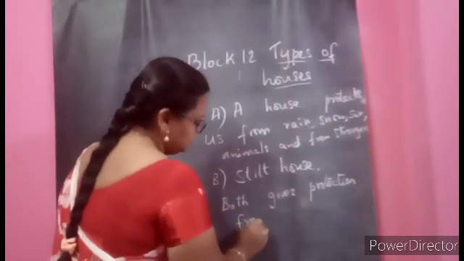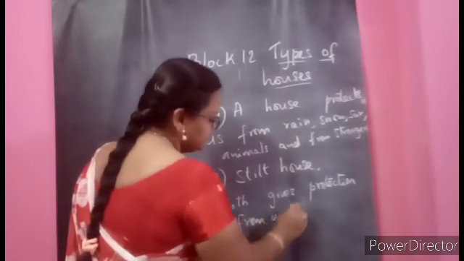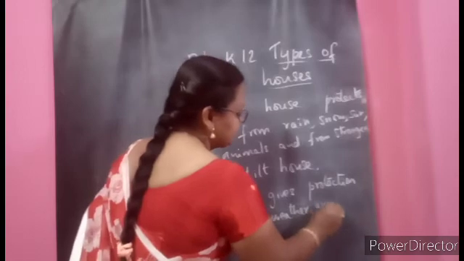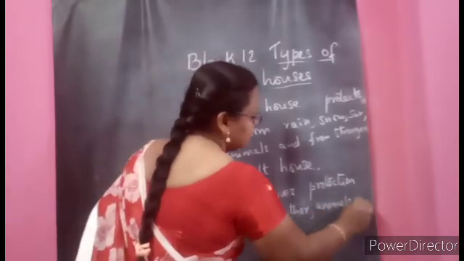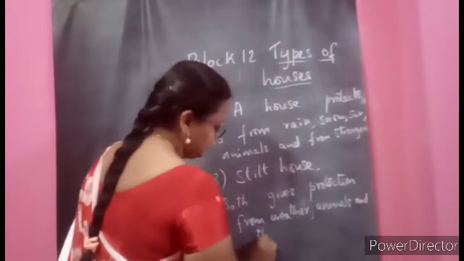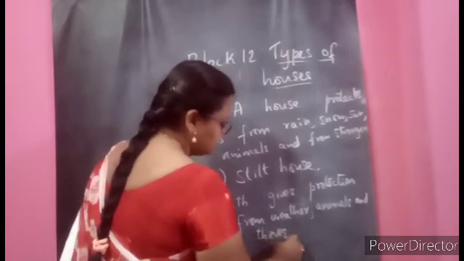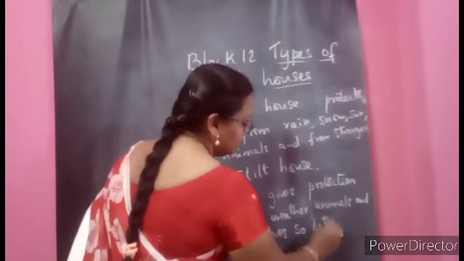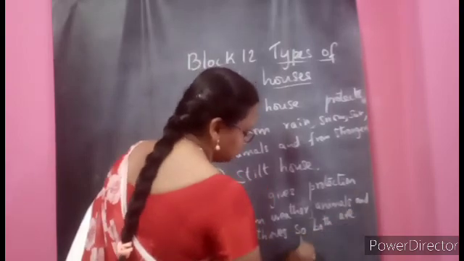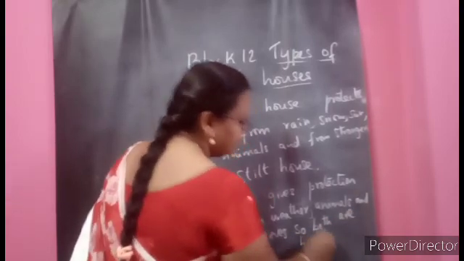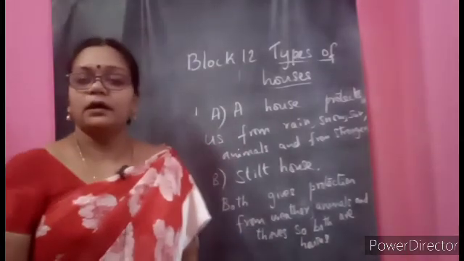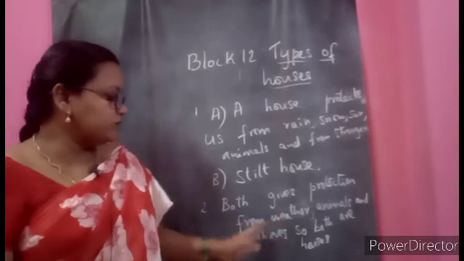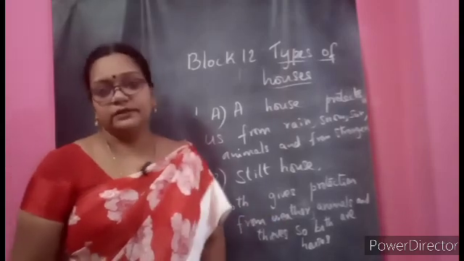From weather conditions, from the animals and thieves. So both are houses. Either it is a bungalow or it is a hut, both are houses because both will give protection from the weather, animals and the thieves.